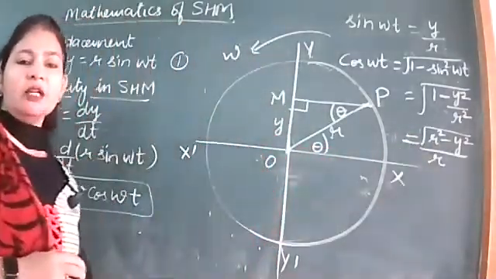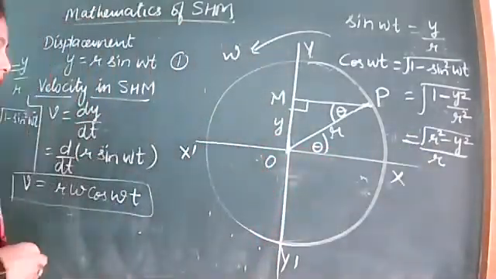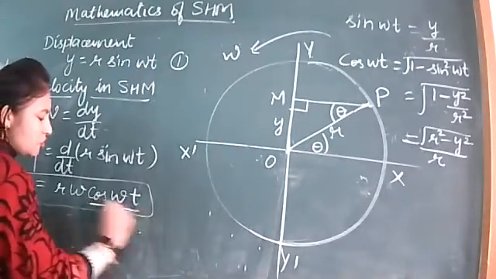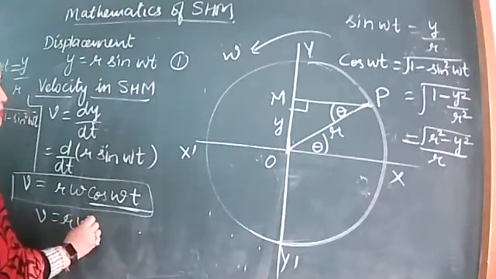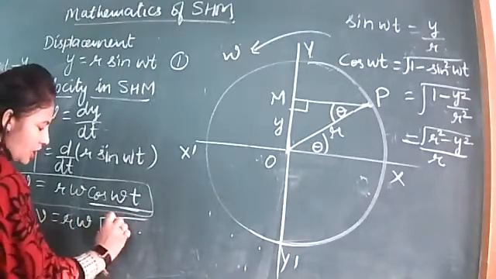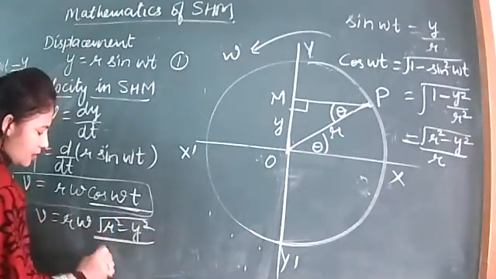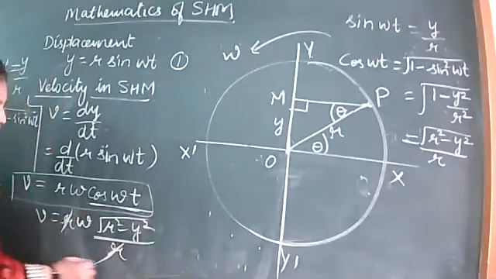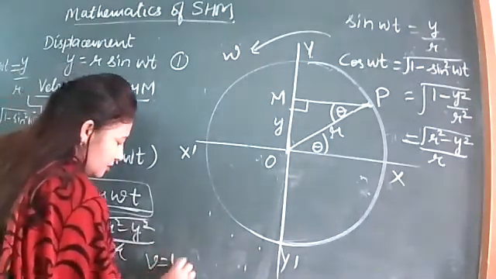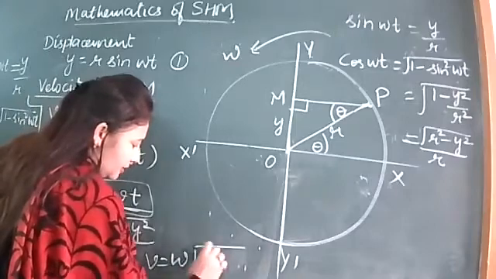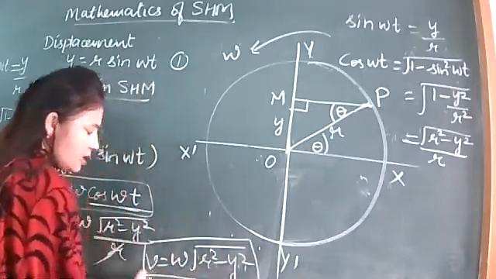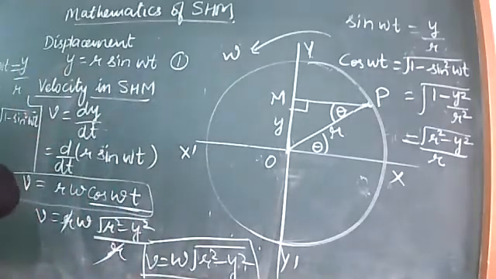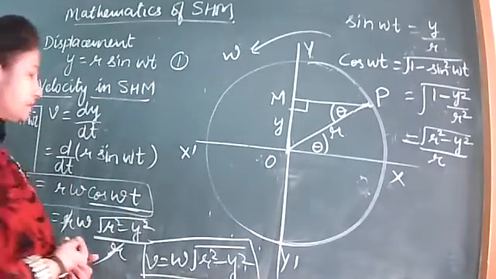So we have calculated the value of cos omega t and we are going to substitute it here. So v is r omega under the root r square minus y square upon r. r will get cancelled and we get the desired formula of velocity in SHM. That is omega under root r square minus y square.